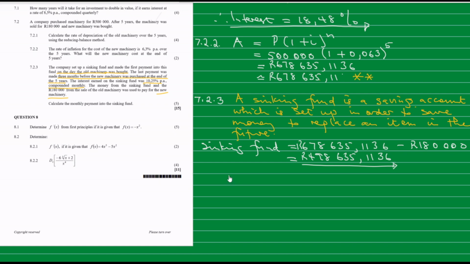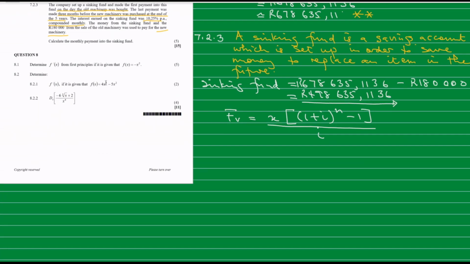So we're going to use the future value formula, which is x multiplied by [(1 + i) to the power n minus 1] over i. Now the future value here is the amount that we are going to save. So we need to save 498,635. So that is our future amount, 498,635.